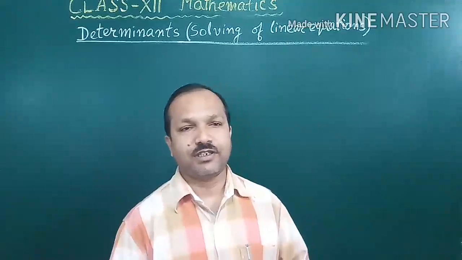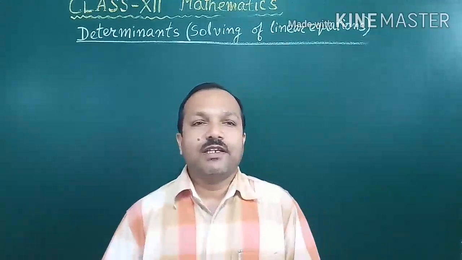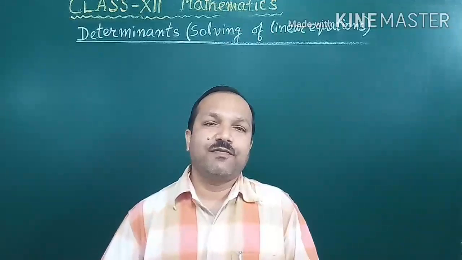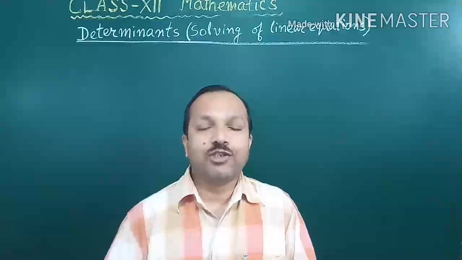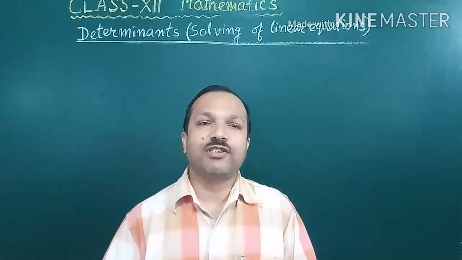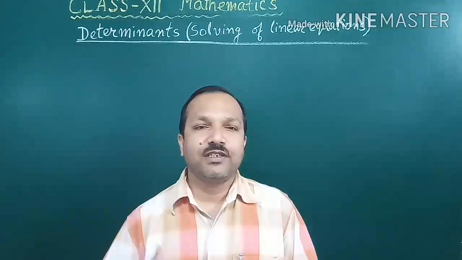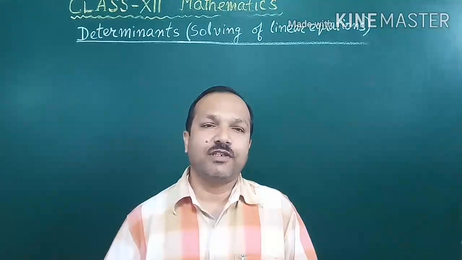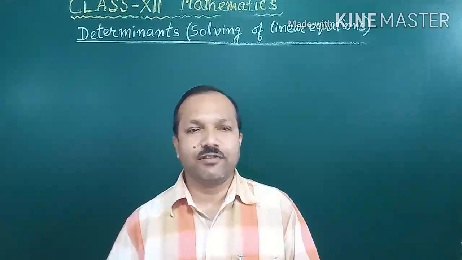So before that I want to say, when a system of equations is consistent or when it is inconsistent. So what is consistent? If the system of equations has a solution, then the system of these equations is called consistent. And inconsistent, if the system of equations does not have a solution, then it is called inconsistent.